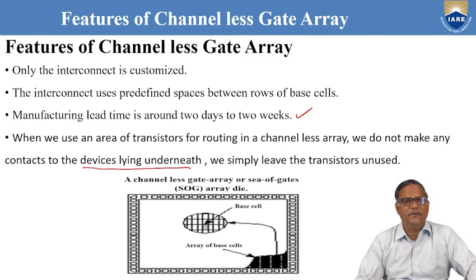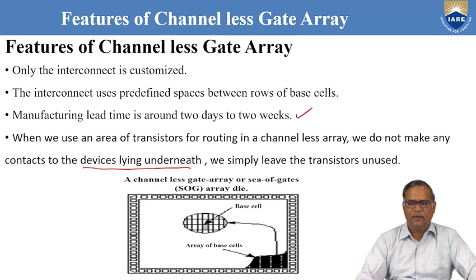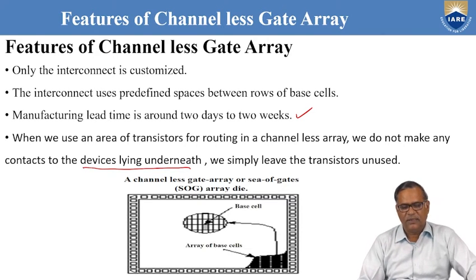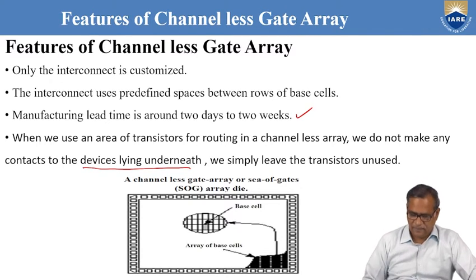So we simply leave the transistors unused. So this is about the channelless gate array. Because there is no channel, you get the maximum number of transistors. The density is more.